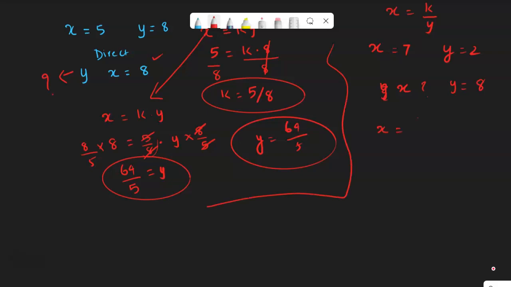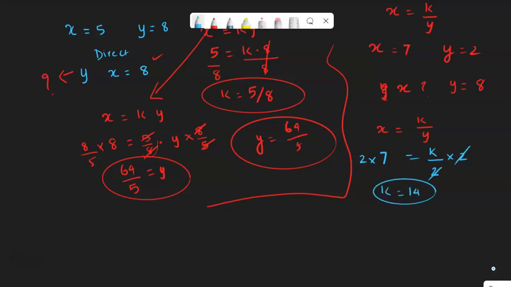x is equal to k over y, because we have the values of x and y in the first line. So x is 7, equal to k over y, which is 2. Multiply both sides by 2. That will give you the value of k. So k is equal to 14.